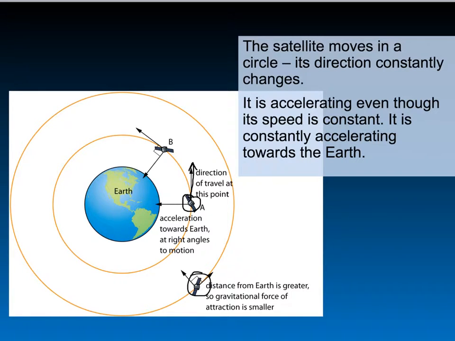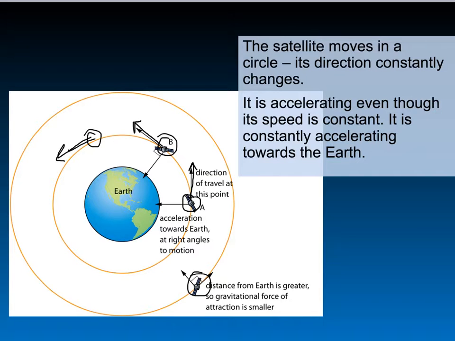However, because the Earth's gravity is pulling it in, its actual motion is in a circle. When it gets to point B, it's moving in that direction. When it gets over here, the point C, it will be moving in that direction.